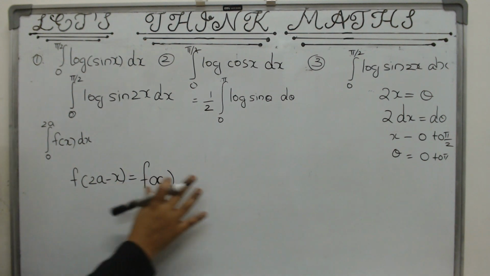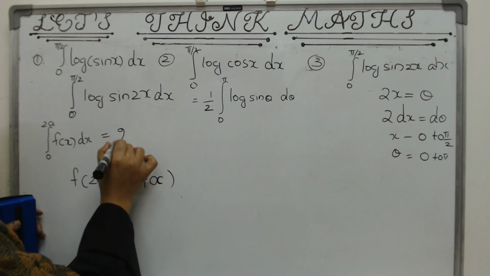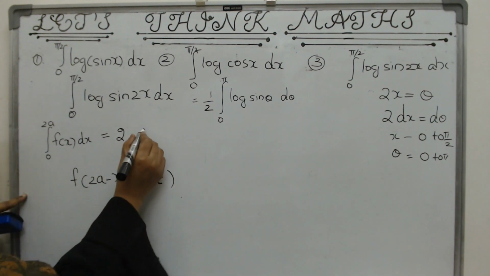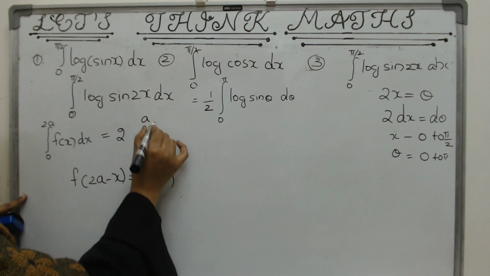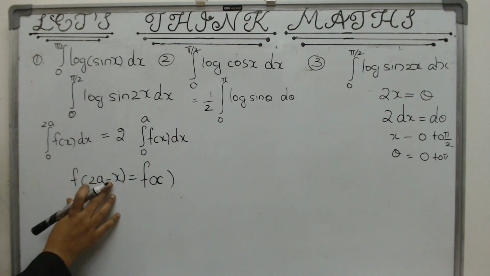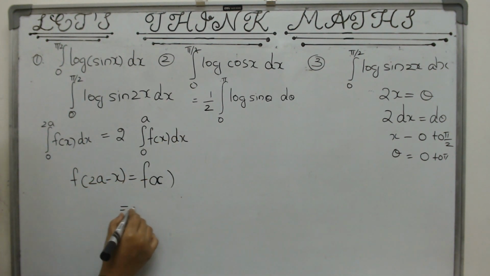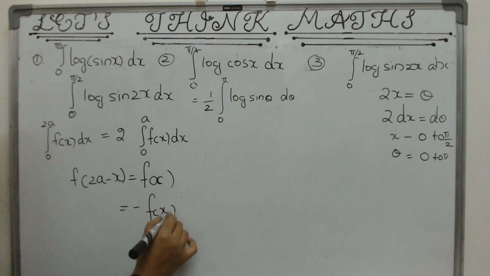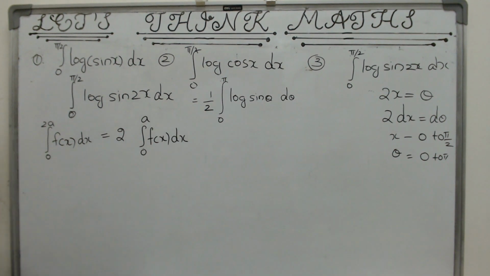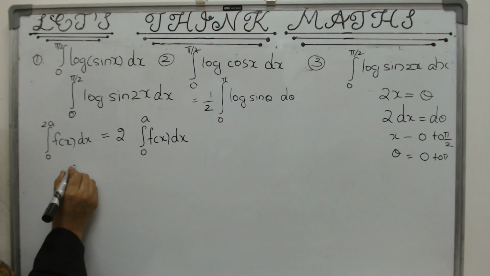If you can substitute, then what will you have? It does not have to be 0 to 2a. It just has to be 0 to a of f(x) dx. But then if this is not equal to f(x), instead it is minus of f(x), then this whole thing is going to become 0. So let us check that.